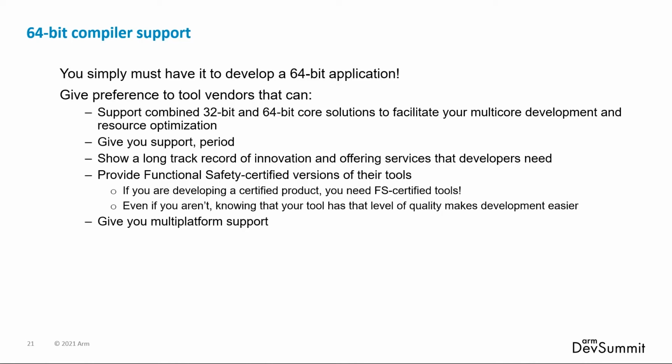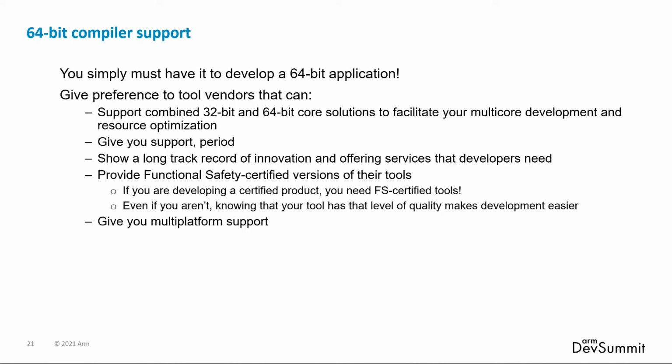You may have a 64-bit core complex with 1, 2, 4, or even more identical cores running as an SMP cluster. In addition, you may have one or more other cores running dedicated functions, such as real-time I/O control or functional safety processing. These will likely be 32-bit cores.